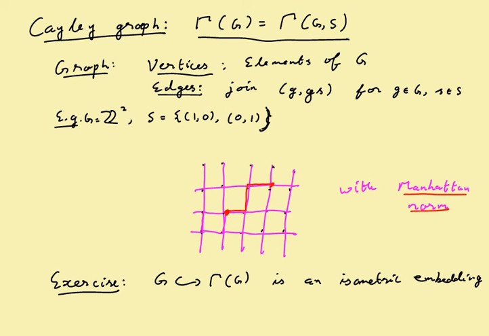So here we are taking the word metric with respect to S, and here, for any fixed generating set, we are taking the Cayley graph with respect to S, and we are taking the word metric with respect to the same S. So long as you do that, the distance from the word metric and the distance from the Cayley graph are the same.